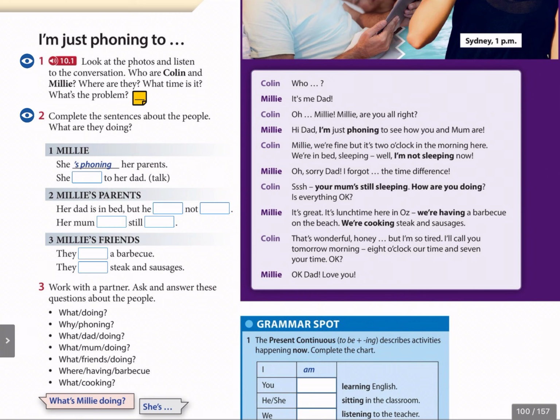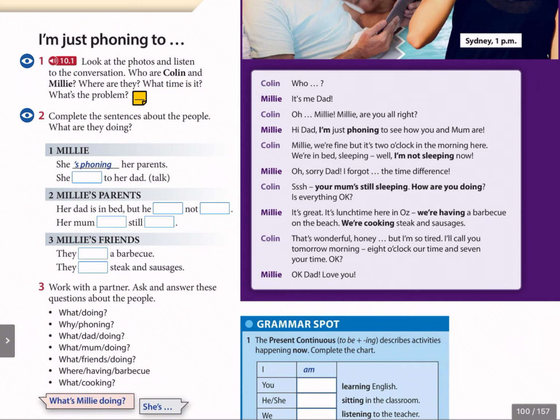How are you doing? This is a question. We have said that the negative form is exactly what we know about negative forms for the verb to be. The same goes with questions. So we simply put the verb to be in the first position, then we have the subject and then the main verb with the suffix ing.